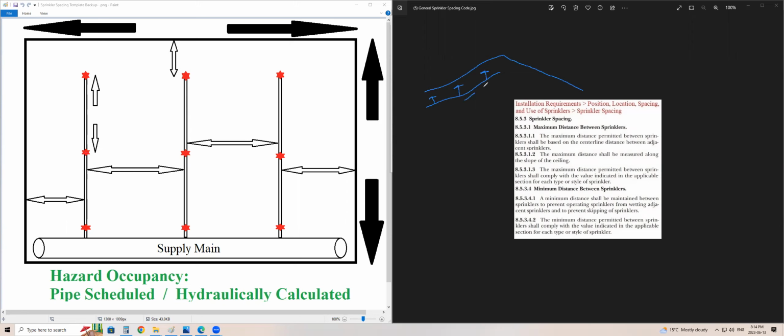We would measure along the slope. I can't measure horizontally along the x-axis. That's all I'm trying to explain.